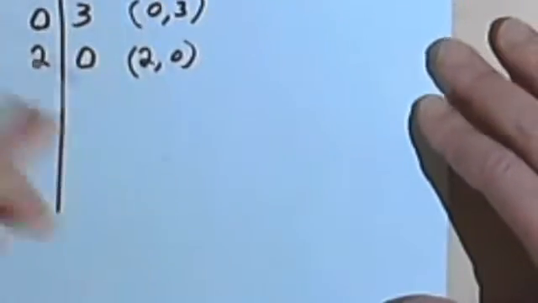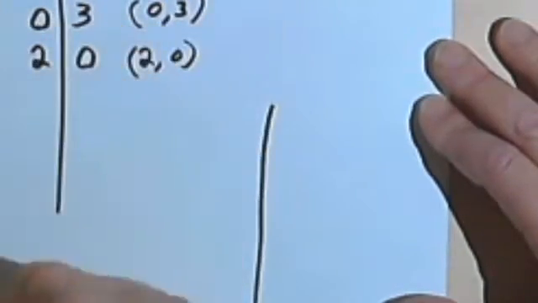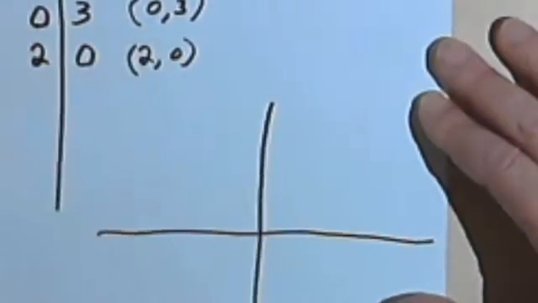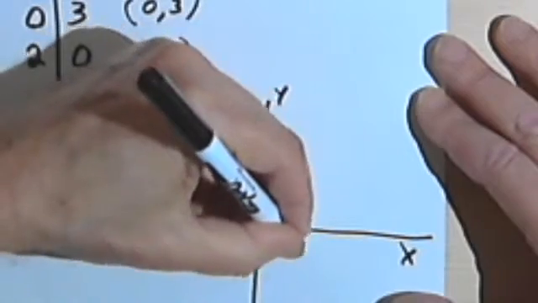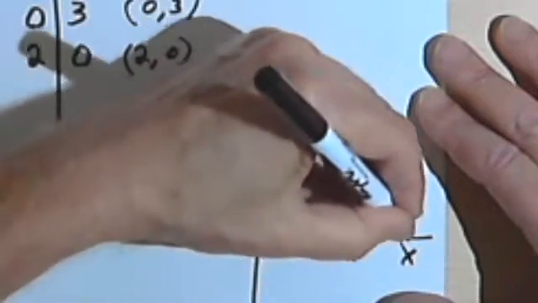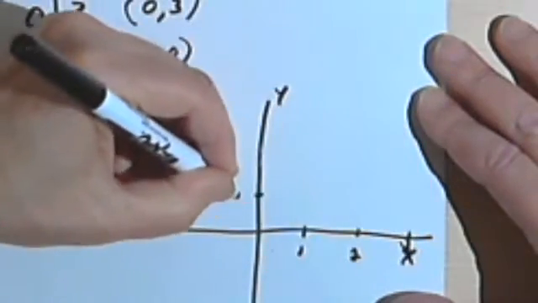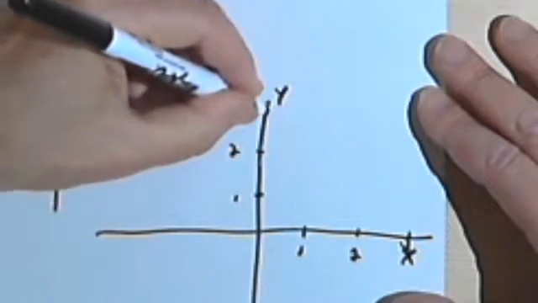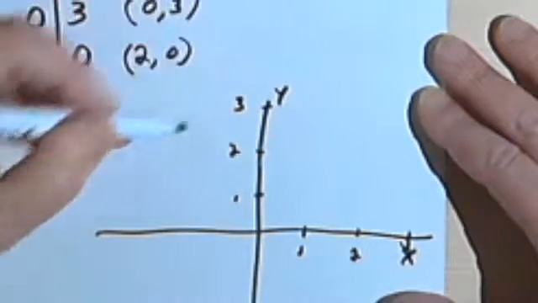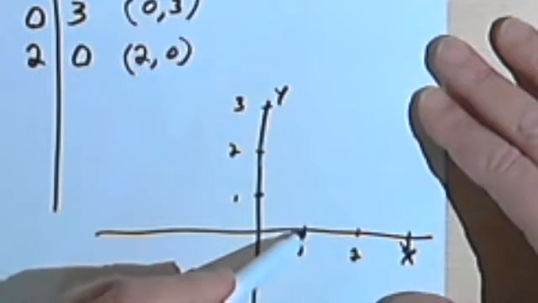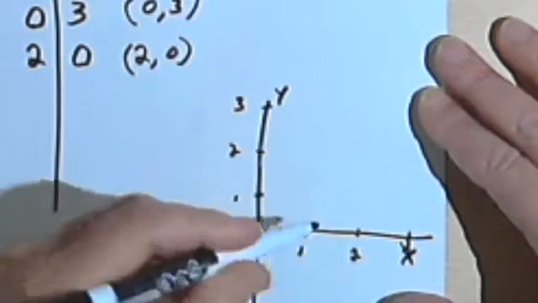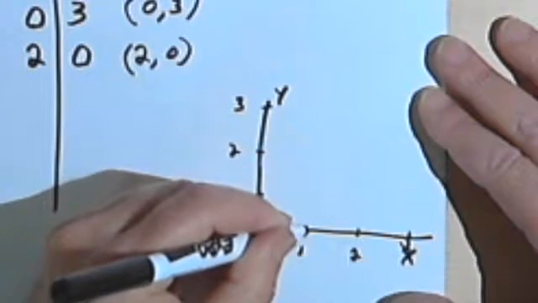Now let's look at a graph for a second. So let's say I have this graph, and this is x, and this is y, and I've got 1, 2, 3, 1, 2, 3. So my tick marks tell me where I am. But instead of the tick marks, I could put in an ordered pair for this point.